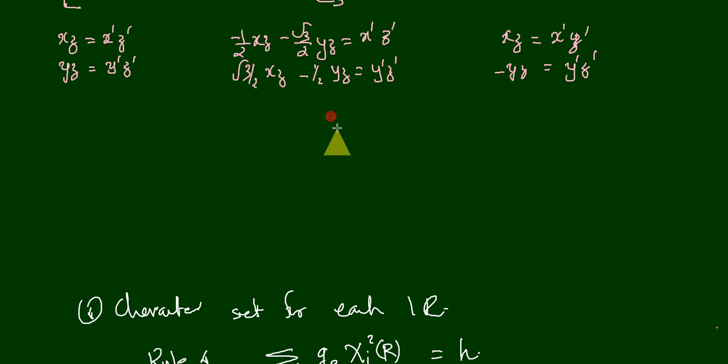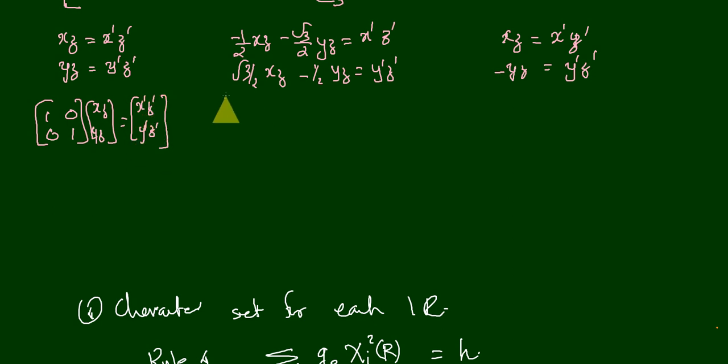I was making some more space. So we can write it in the matrix form like this: 1 0 and 0 1, times xz and yz, is equal to x dash z dash and y dash z dash.